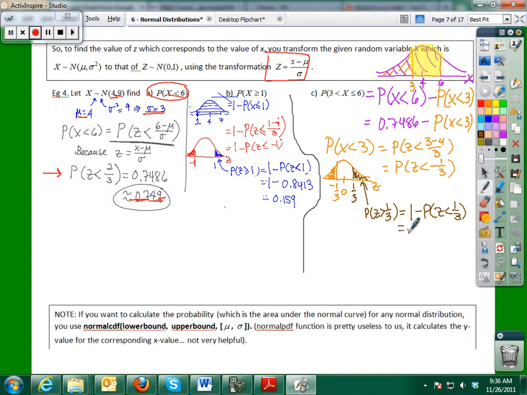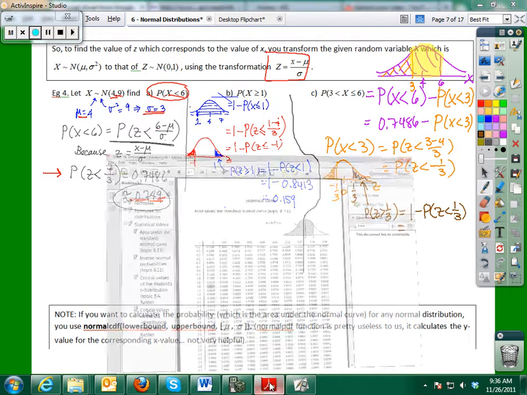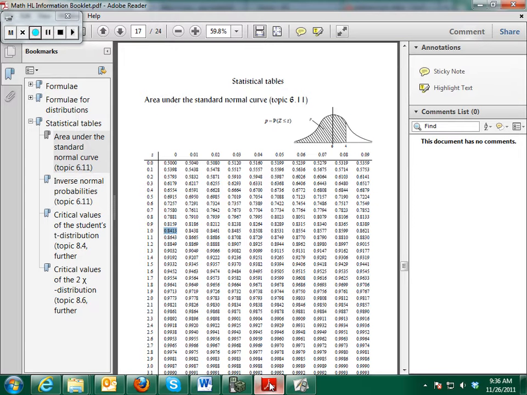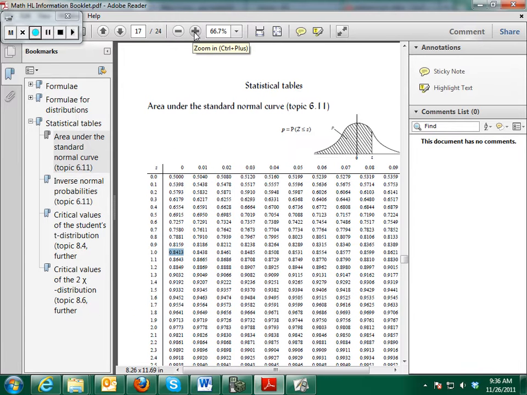So now I need to go to my probability table. Let's see if I can make this a bit bigger. The probability that z is less than a third, so that's 0.3 repeating. 0.33 is here, so that looks like 0.6293.